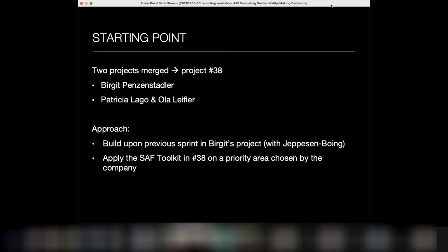So we built upon the previous sprint in Birgit's project, which was a collaboration with Yepes and Boeing, and we applied the software architecture assessment framework toolkit that was proposed in the project with Ola and myself on one of the priority areas chosen by the company, by Yepes and Boeing in the previous project.